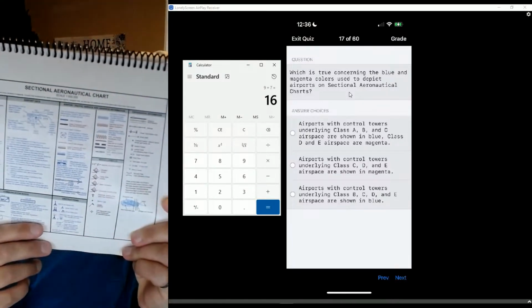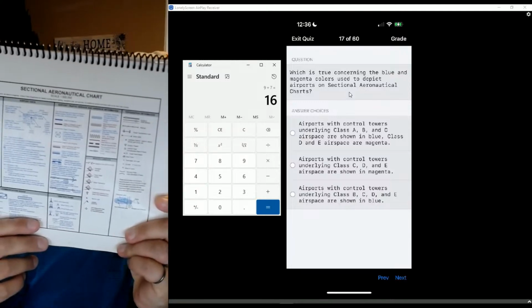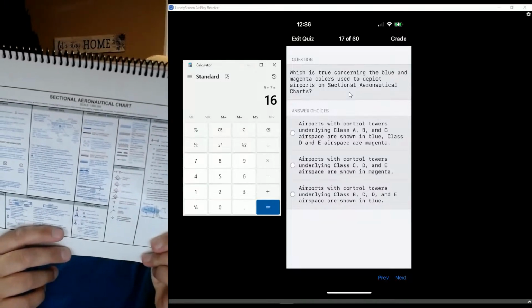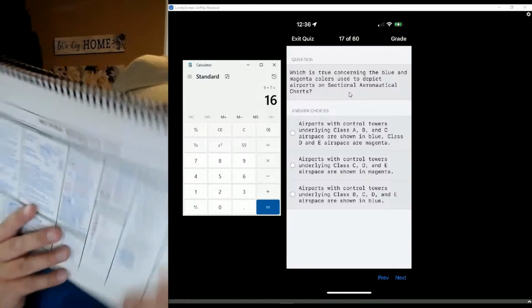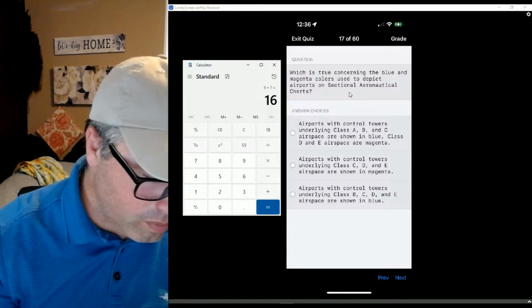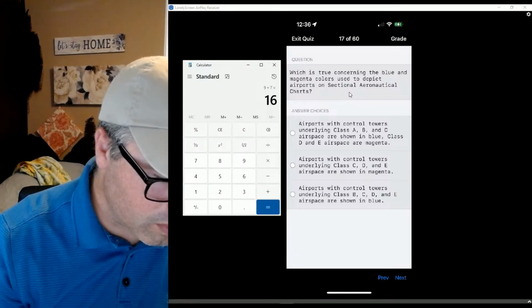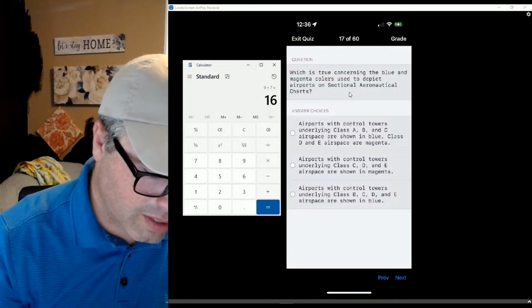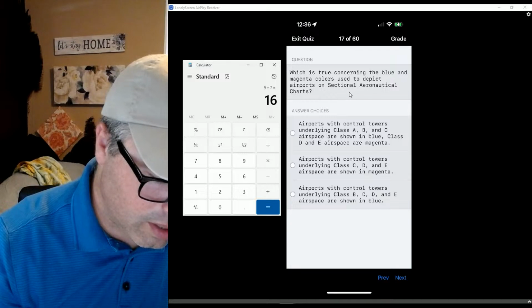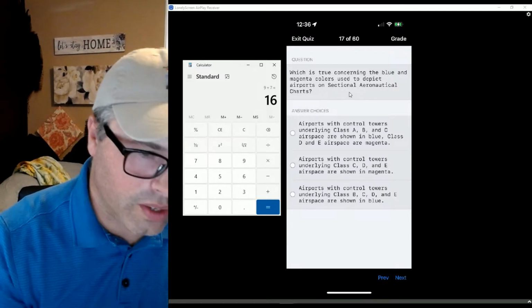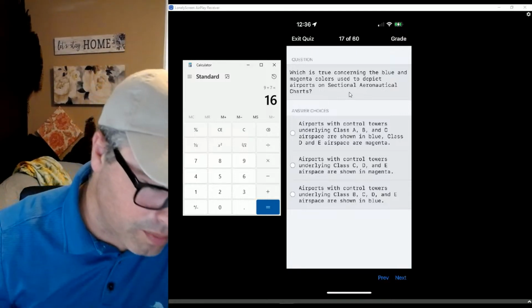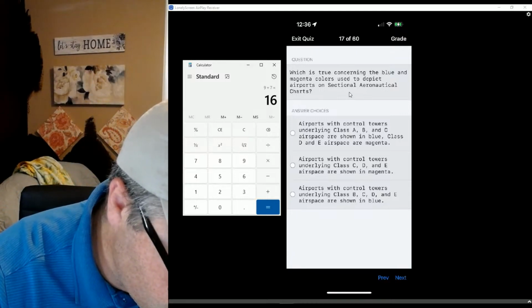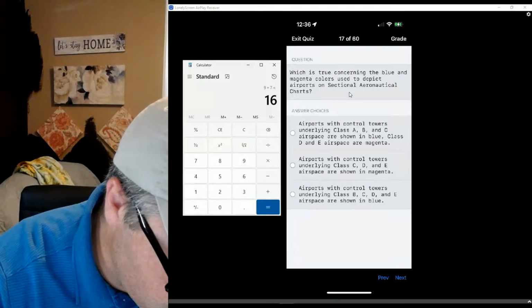It's going to tell you almost everything you want to know about sectional aeronautical charts, just like the question asks. Let's see. Airports with control towers. Airports.